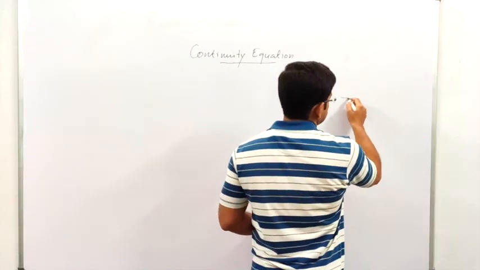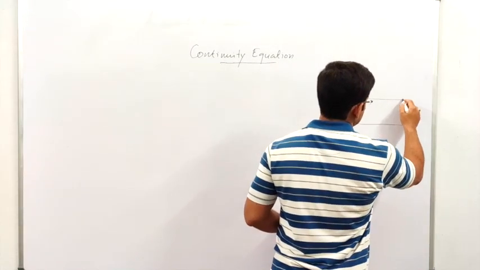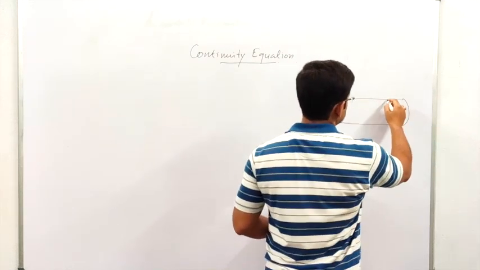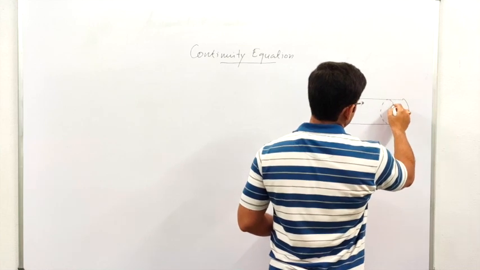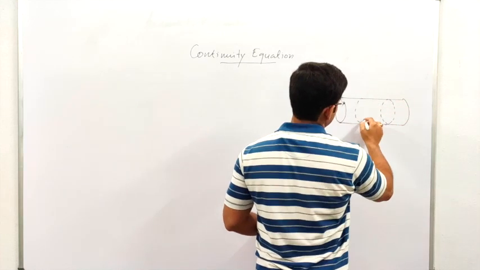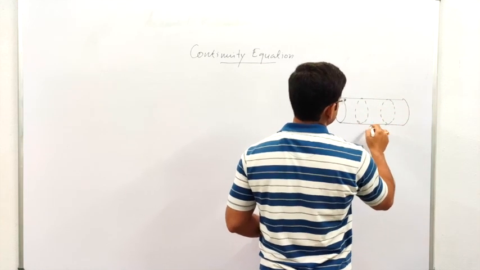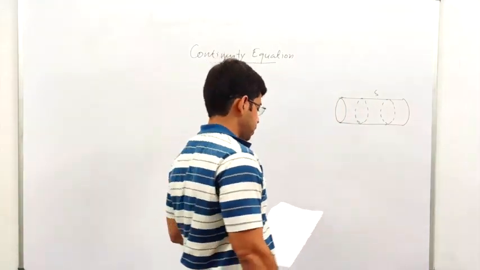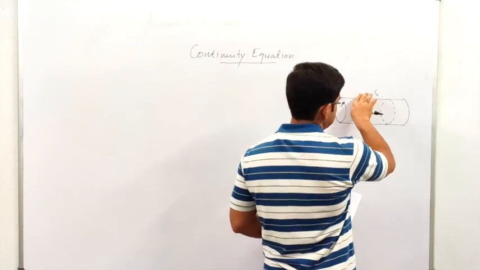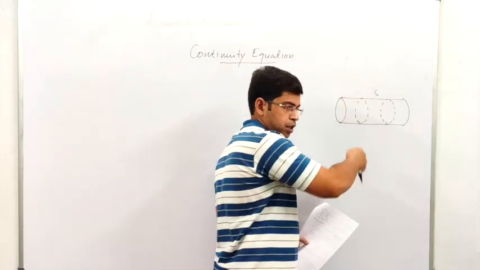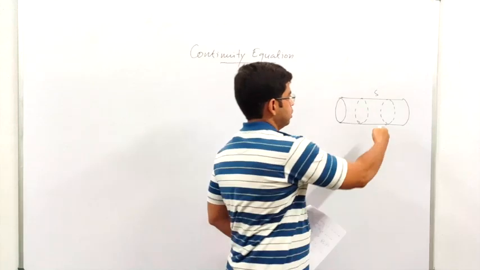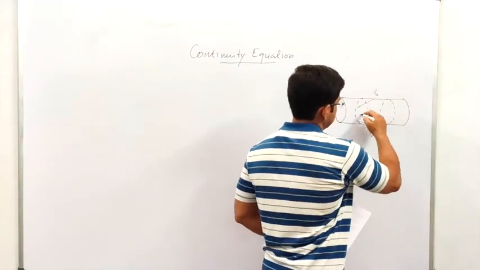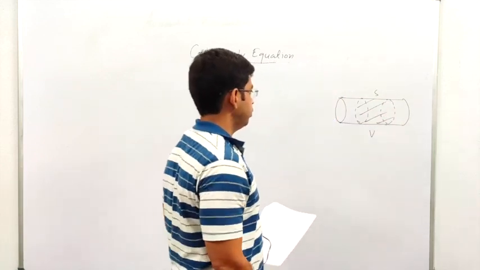Again, let us consider a cylindrical conductor, and within this, a portion of the conductor in between these two dotted circles. Say the total surface defined in this section is S, which includes this curved cylindrical surface plus the two-dimensional surfaces at these two cross sections, and the volume of this entire region is V.